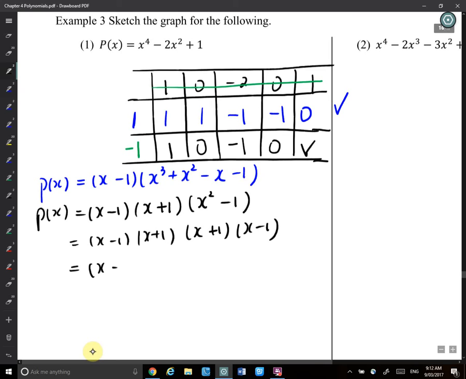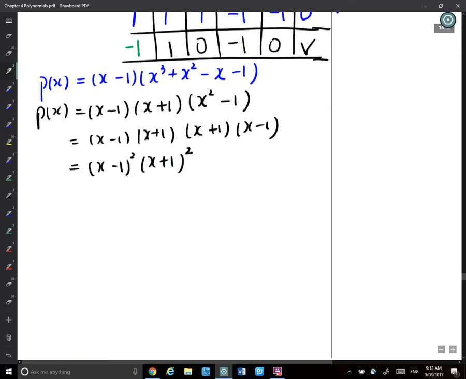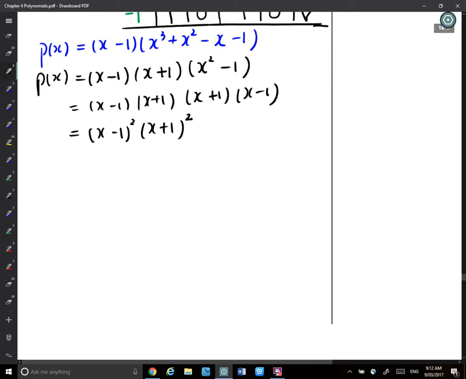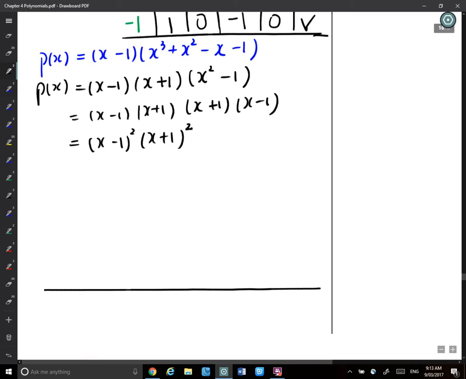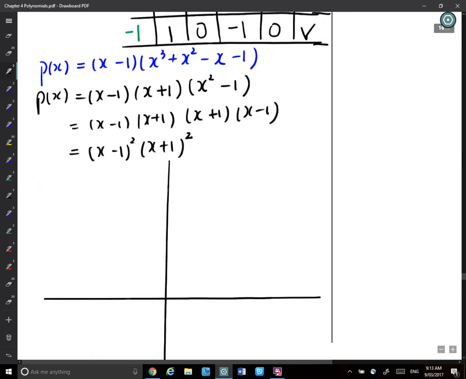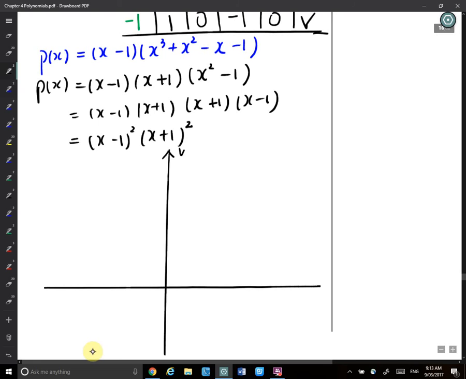So you have x minus 1 squared and x plus 1 squared. So you just have 2 x-intercepts, but they're all repeated. You have the y-intercept at 0, 1.